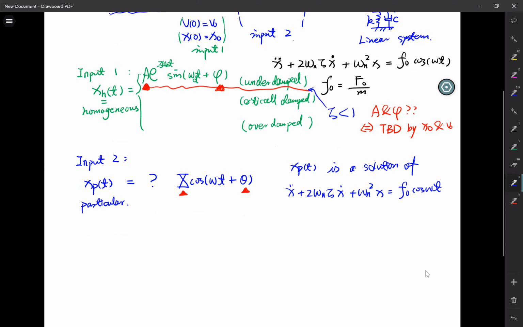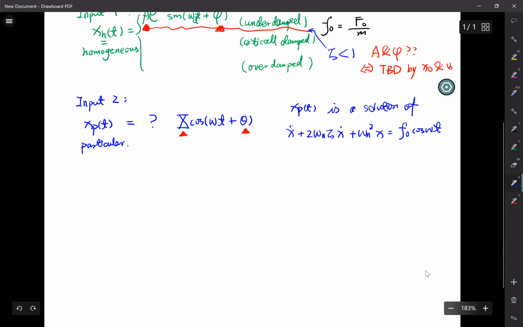To simplify our discussion, I'm going to play a trick here. We want to replace the right-hand side using Euler's equation. So we assume the right-hand side is F_0 e^(j omega t). Remember that e^(j omega t) is cosine omega t plus j sine omega t. That means your cosine omega t excitation is the real part of that exponential.